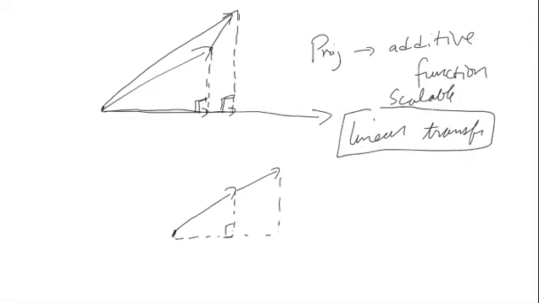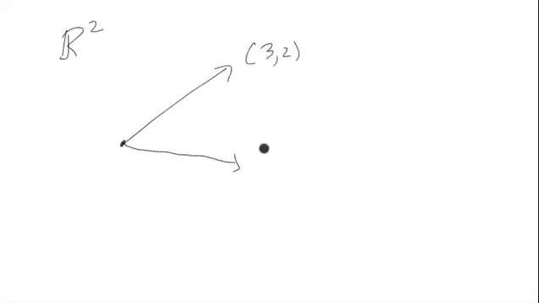Let's give an example. Suppose we're in R2, and suppose we have a vector that comes to the point (3, 2), and we want to project it onto something coming out over here, maybe at (4, -1).